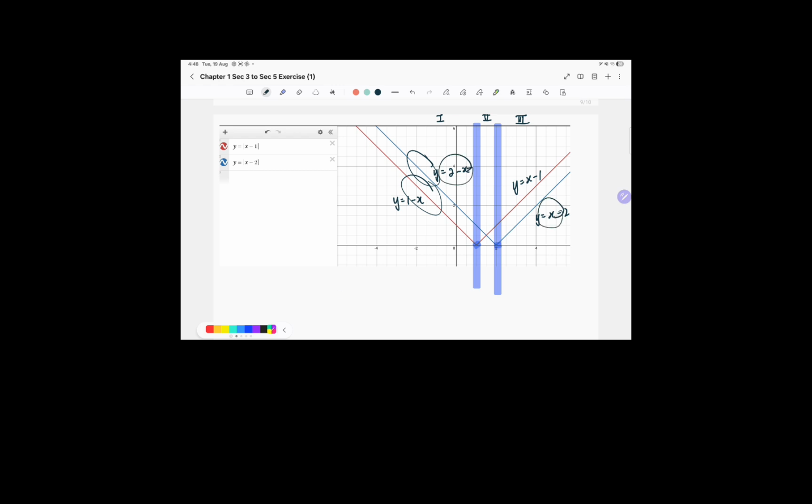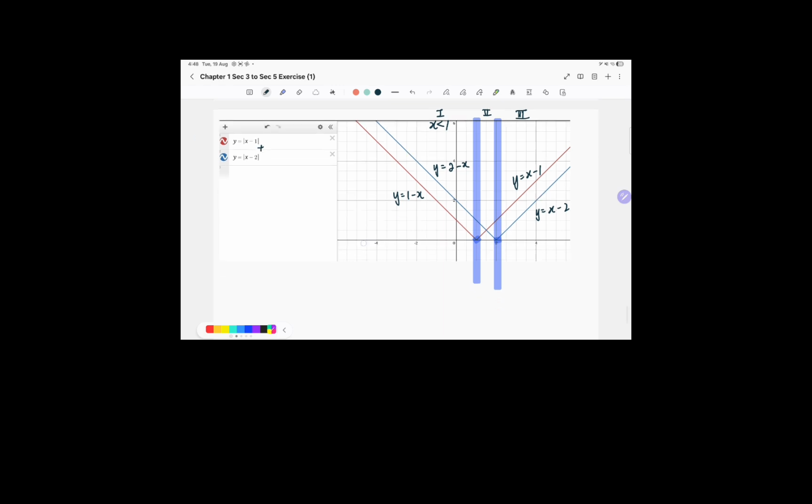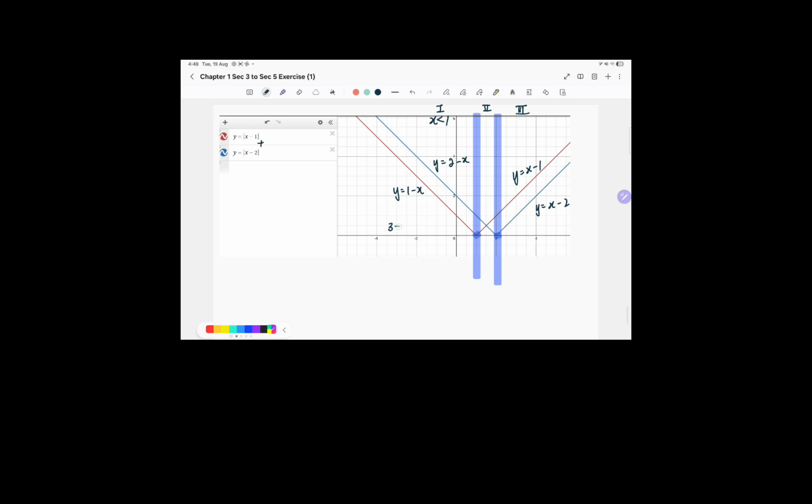This is the reason why I want to split it like this, according to the reflection point. Now we look at the first interval. This first interval happens when x less than 1. Plus them together because we want to add them. When you add together, 3 minus 2x. And it happens when x less than 1.